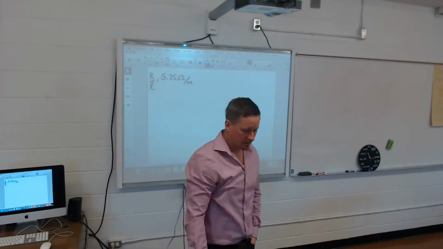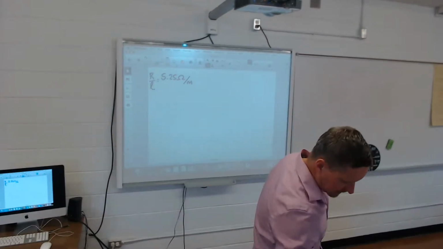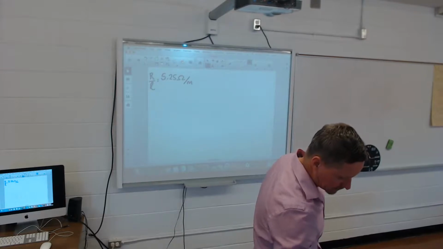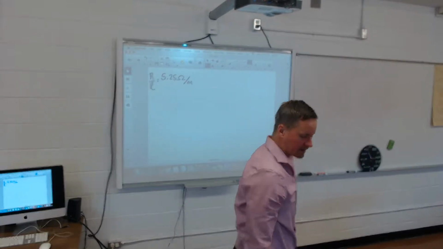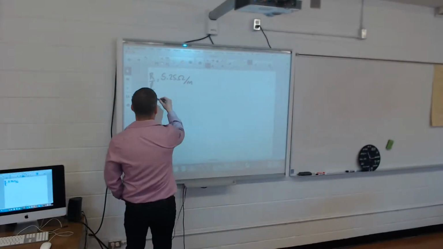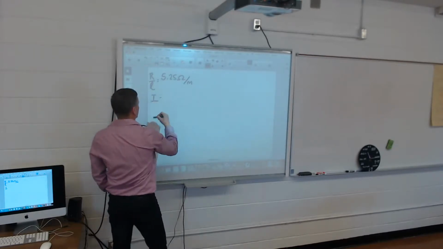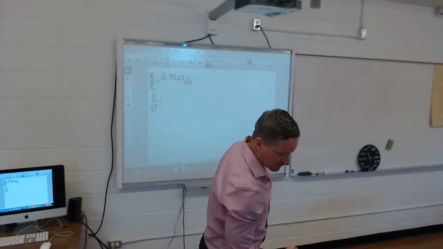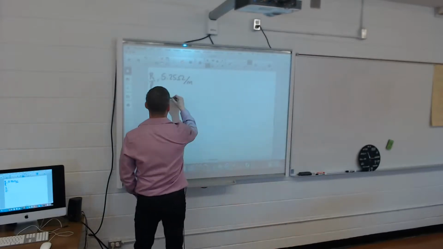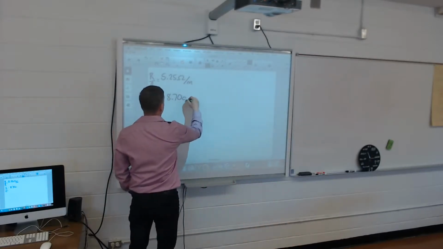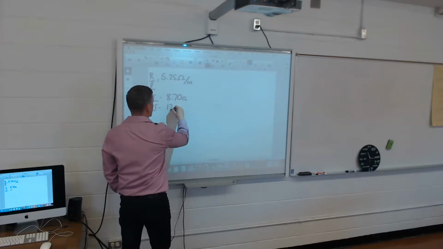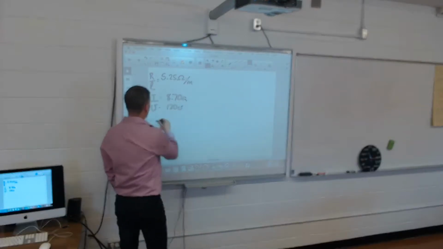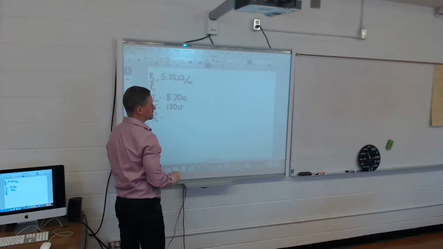It asks what length of wire is needed to make a heating element for a toaster that will draw 8.7 amps across a 120 volt line. So you have current, 8.7 amps, and voltage, 120 volts. Let's find out how much resistance is required.